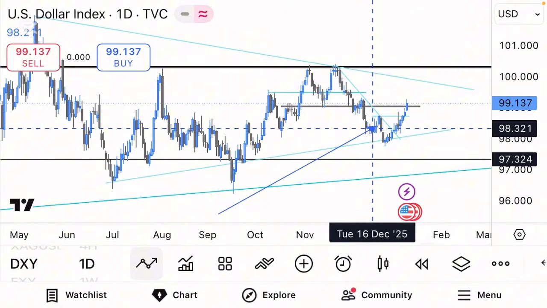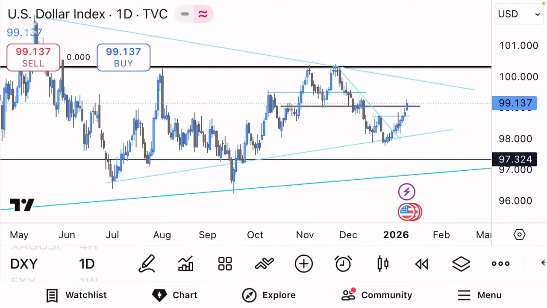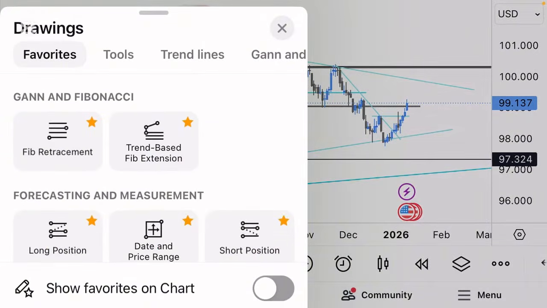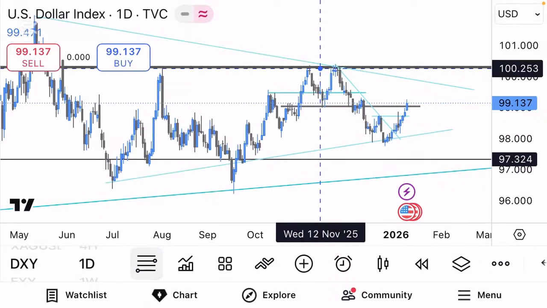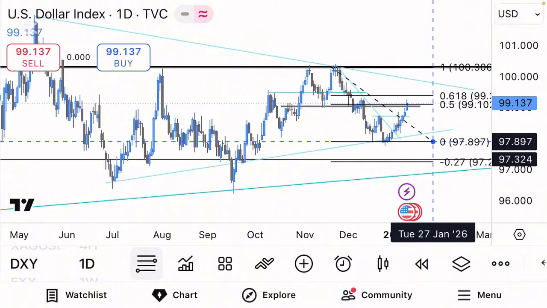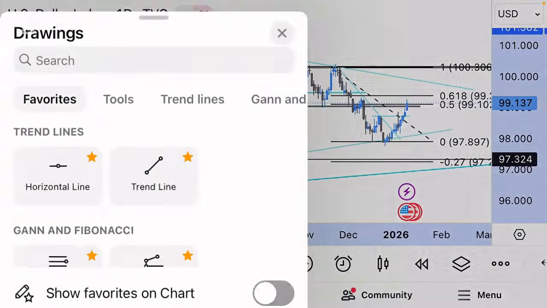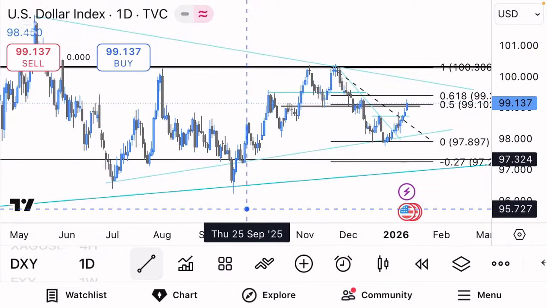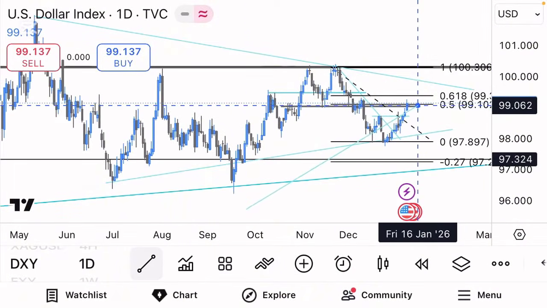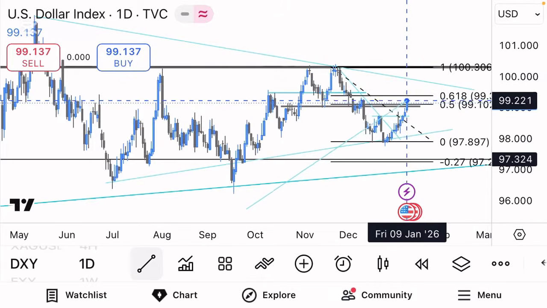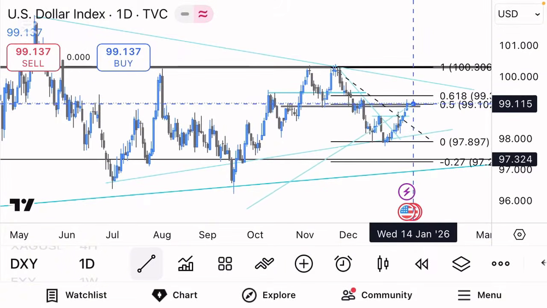So what do we want to do, and how do we position ourselves for profitable setups for the week? So first of all, when we bring out our Fibonacci level, and we put our Fibonacci level from swing high to swing low, we would see that the market is currently in an area of the 0.5 to 0.6 level, which means that the market is at a Fibonacci level.